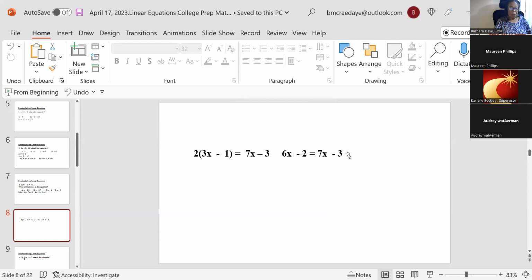You subtract the 7x from both sides or the 6x? That's right, 7x, because you want your x's on the left.